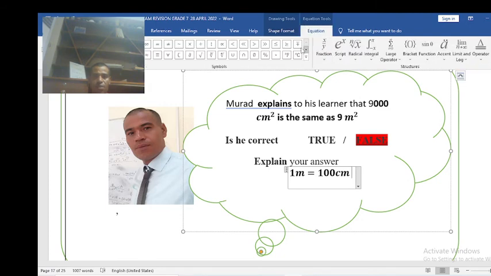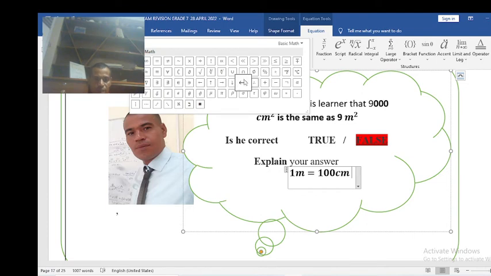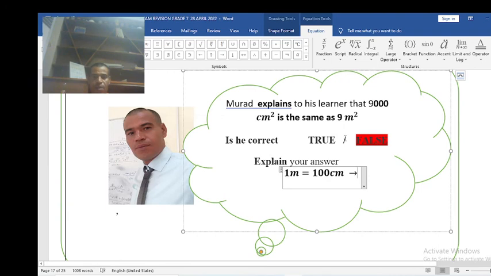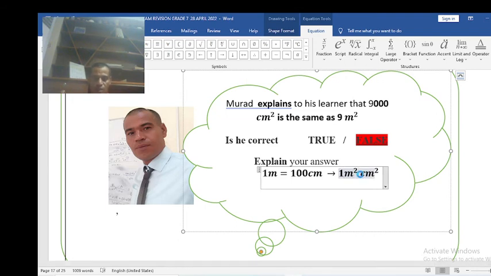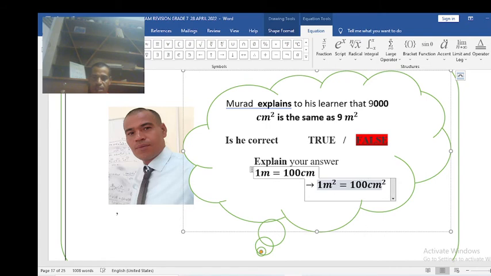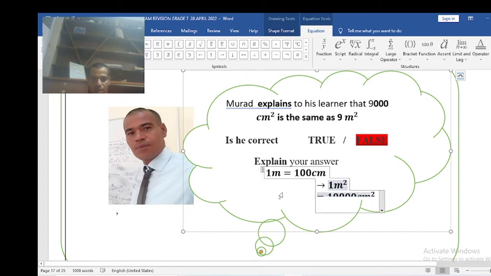Equation tools, we'll use symbols. Where are they? Symbols. Yes. I will use this one. Control V, again Control V. So it means 1 meter square equals 10,000 centimeters square. I will extend this here. How can I extend it?